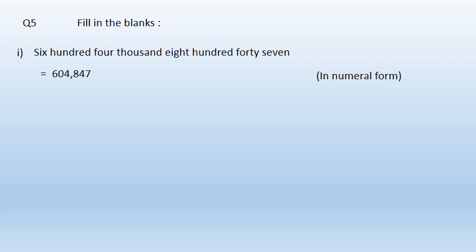604,847. Now we are going to write this in the Indian system. How are we going to write it? Same thing: a 3-digit number, then the next 2-digit number and then the last number. So this will be in the ones period, this will be in the thousand period and this will be in the lakh period. So how are we going to write it? 6,04,847.